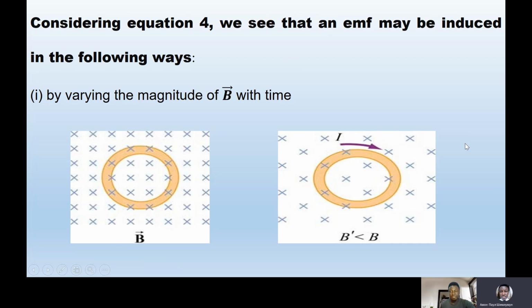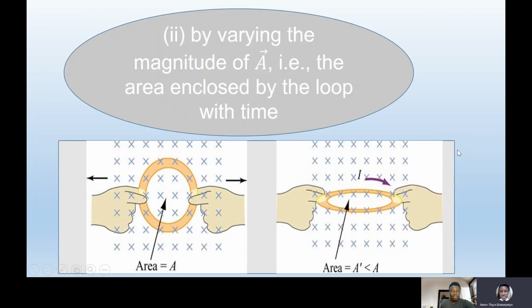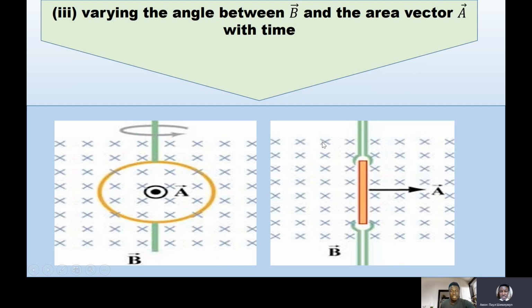That's the first term of the equation. But we can also induce EMF by varying the magnitude of A, the area enclosed by the loop, with time. Can you see this? The third way to induce EMF is by varying the angle between B and the area vector A with time, as you can see.